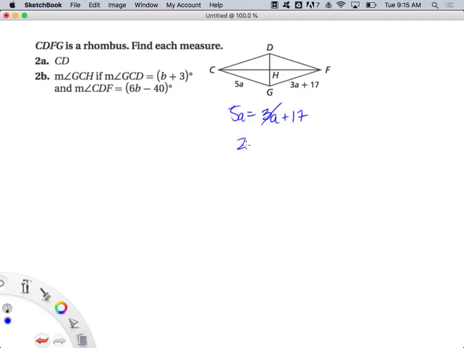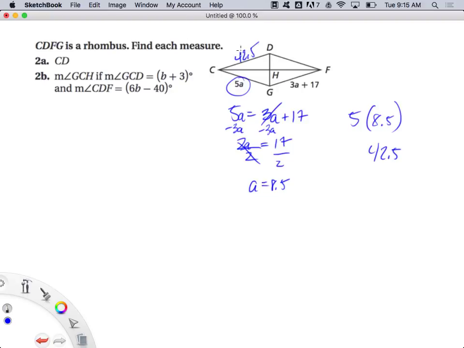Subtract 3a, I get 2a equals 17. Divide by 2. a equals 8.5. Very good. To find the side, I plug it back in there. 5 times 8.5 is 42.5. So each side is equal to 42.5. They're all the same. Okay?